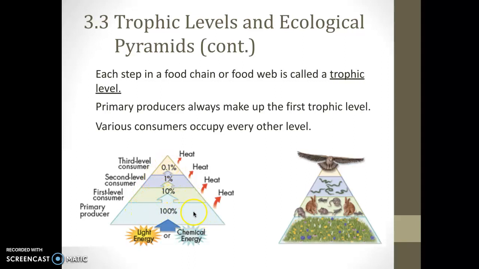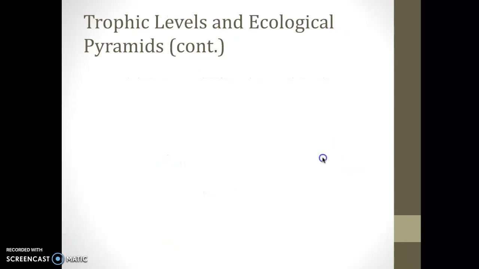So this bottom level here, or quite honestly over here to the right, would be considered the primary producers. This next level would be the primary consumers, because they're going to consume or eat the producers down below. Then this purple part would be the secondary consumer, and up top would be the tertiary consumer. And potentially we could even have the next level, which would be the quaternary consumers.